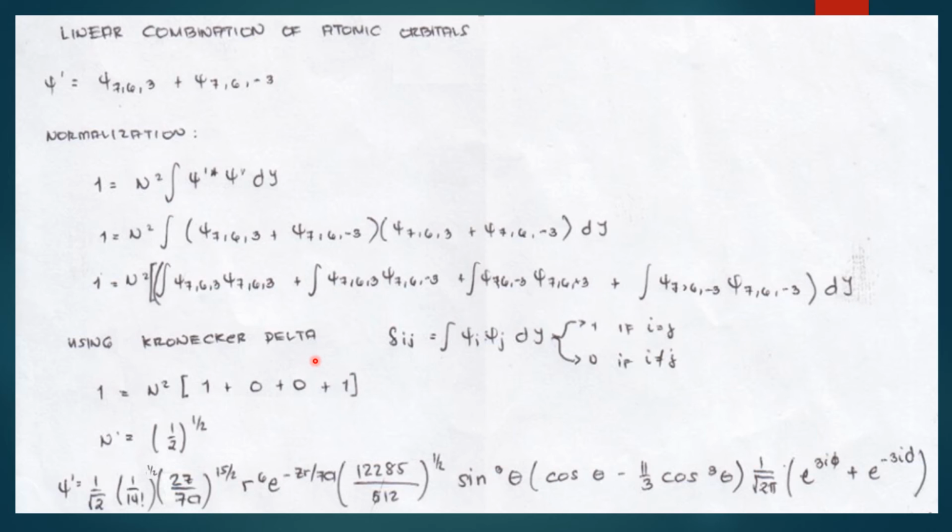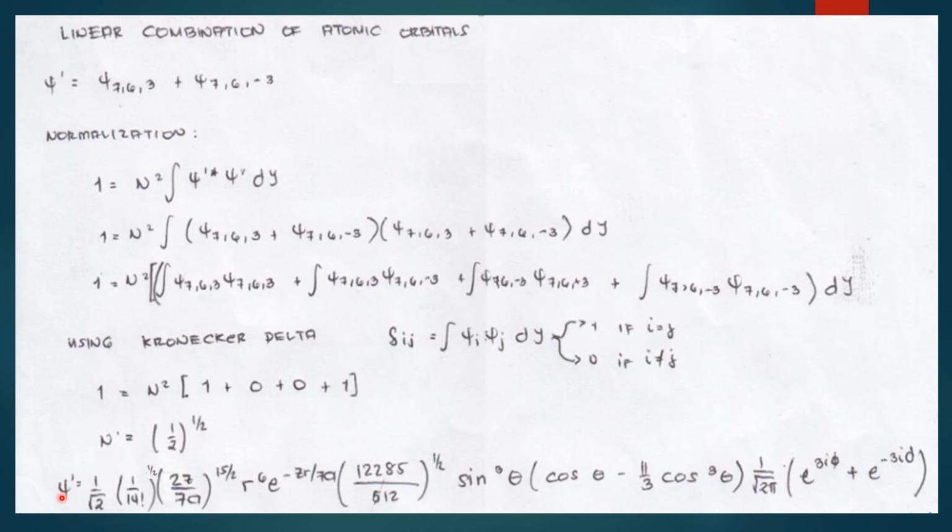Using Kronecker delta, if i is equal to j, the value is equal to 1, and if i is not equal to j, the value is equal to 0. So for the first term and the last term, we have i equal to j, while for the second and third terms, i is not equal to j. So we will have 1 is equal to n squared times 1 plus 0 plus 0 plus 1 after substituting 1 and 0. So the value of our n is equal to the square root of 1 half.